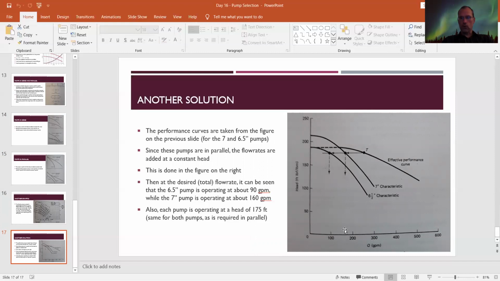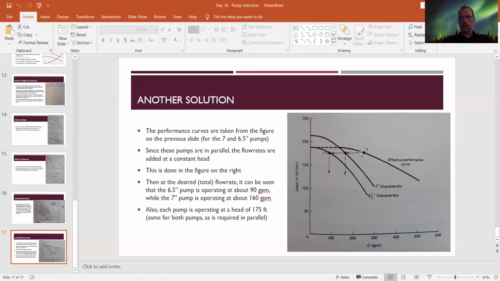Now I want a flow rate of 250 gallons per minute, so roughly here. So I want this to be my total flow rate. So I want that to be my point. And so in terms of these two pumps, I'm going to have a flow rate of about 160 for my 7-inch pump, and then a flow rate of roughly 90 for my 6.5-inch pump.